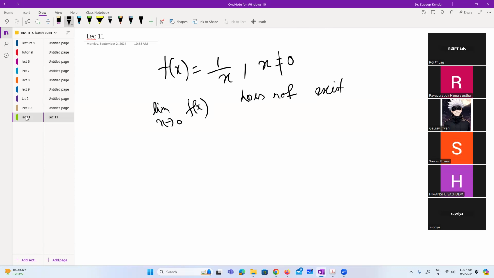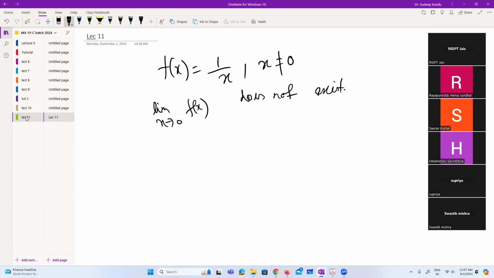In the last class I told you that sequential criteria is useful when you want to show the limit does not exist.